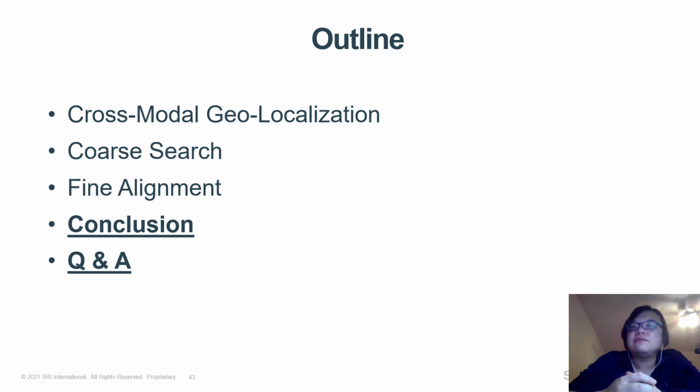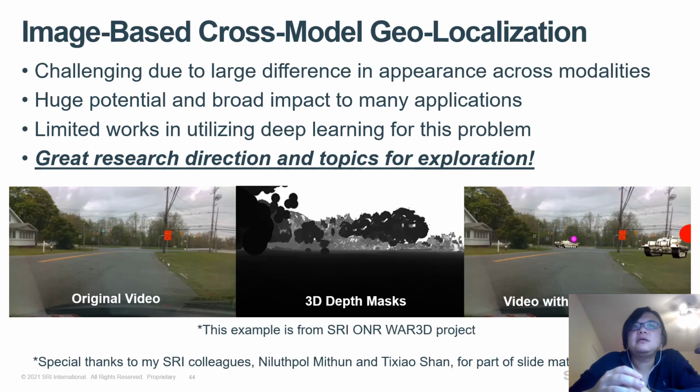Now we have talked about the related works in cross-modal geo-localization. We are going to talk about the conclusion. Image-based cross-modal geo-localization is a difficult research problem, because there is a large difference in appearance from one modality to the other.